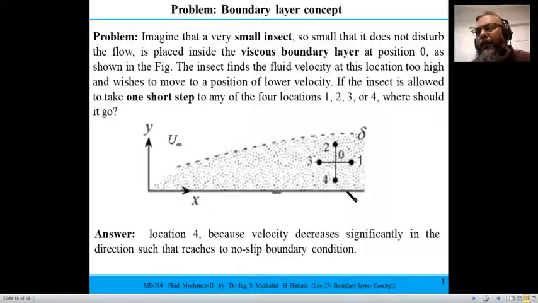You can see there is a significant velocity drop, and once y approaches 0, the velocity would be 0. So if the insect wants to be happy with a position where the velocity is lower, it has to move in the downward direction, because at each location there is a certain velocity profile. If it goes in 2, the velocity is increasing. If it goes in direction 4, the velocity is decreasing. So that is the answer, and this is where I finish today's lecture.